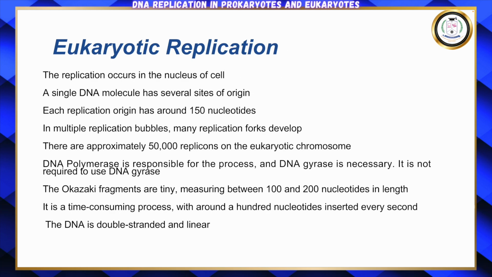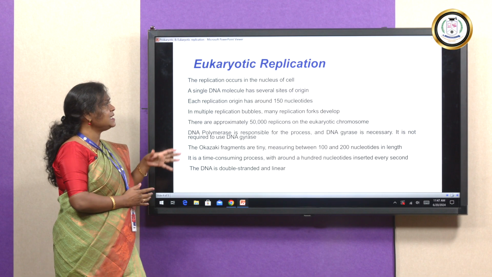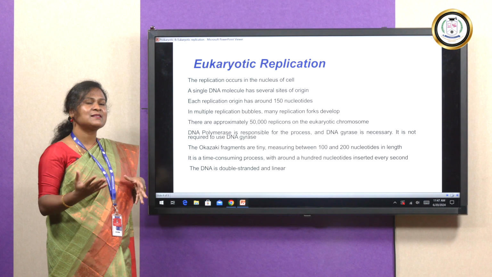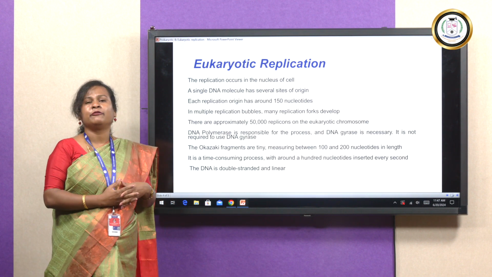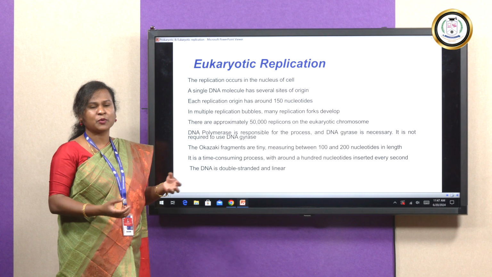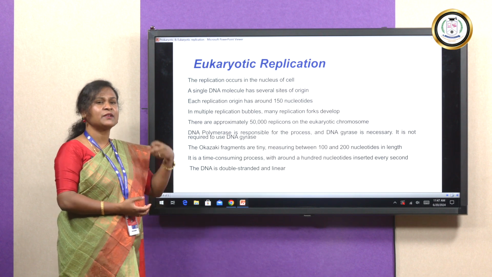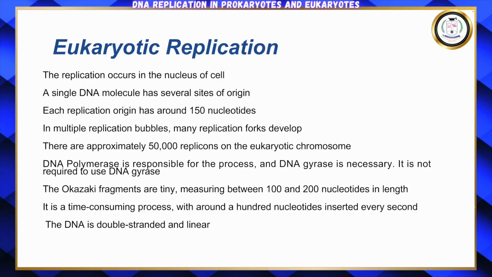Whereas eukaryotes have a well-defined nucleus with a nuclear membrane. Therefore, the replication takes place in the nucleus of the cell. A single DNA molecule has several origin sites, which employ single-stranded binding proteins and other enzymes for replication to take place simultaneously.